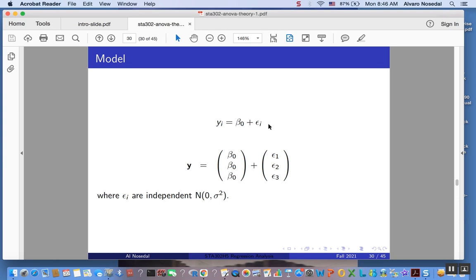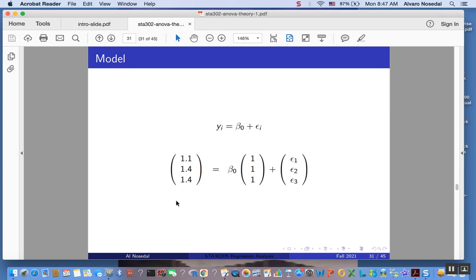So in this particular case, we have the following in terms of our model, using our linear algebra notation. We could rewrite the model that we had before like this. These are the observed responses.